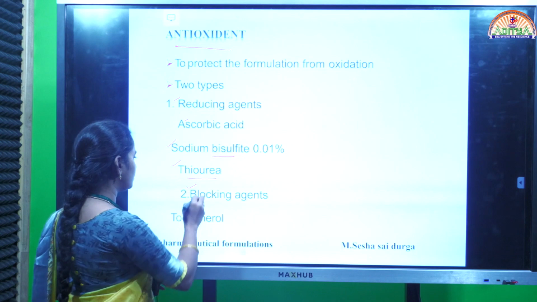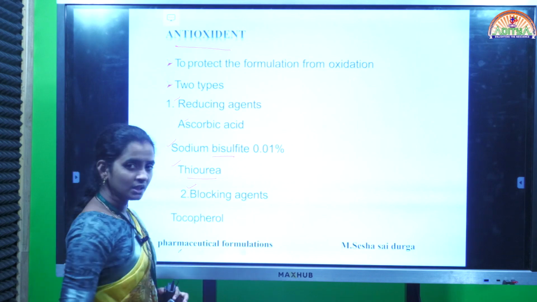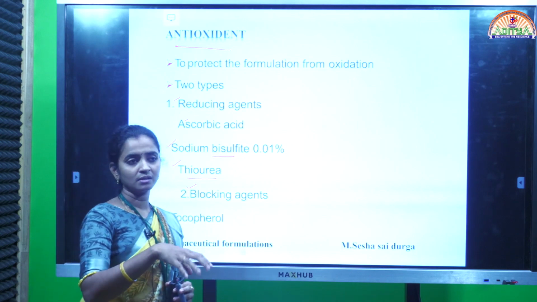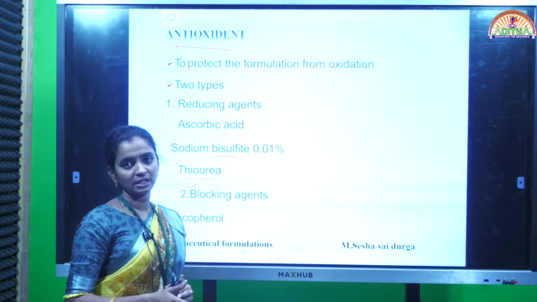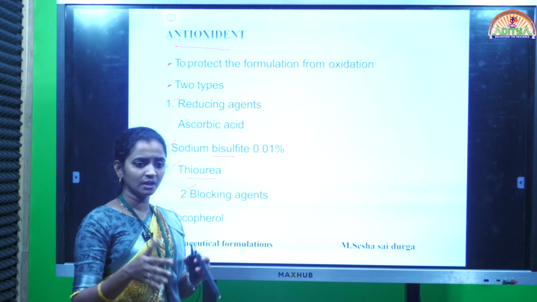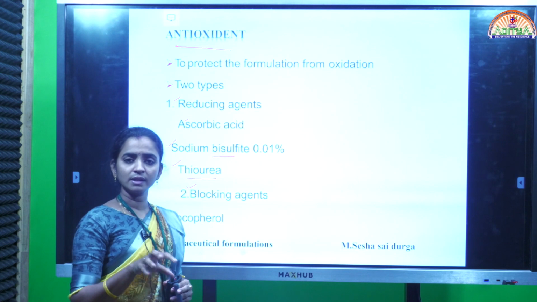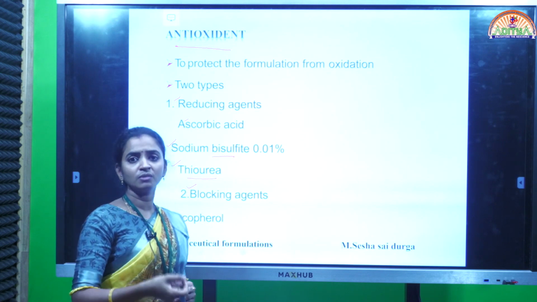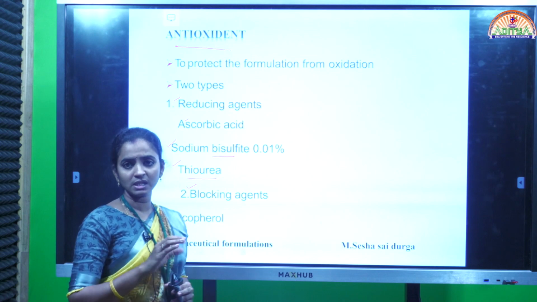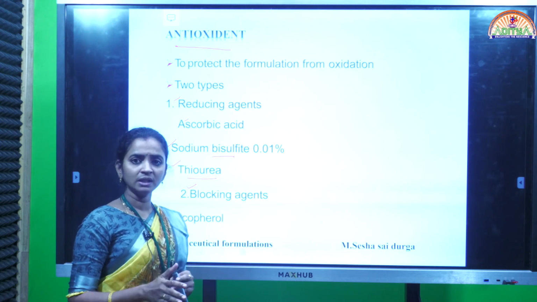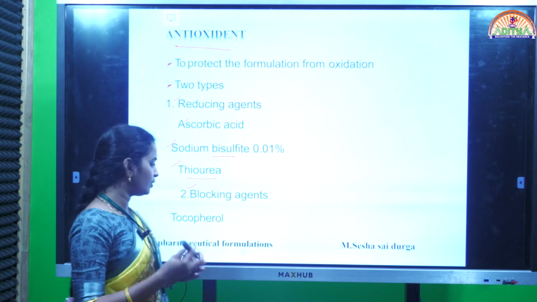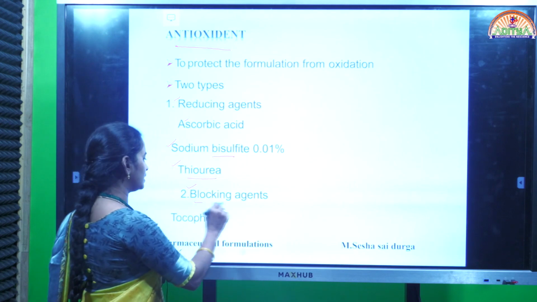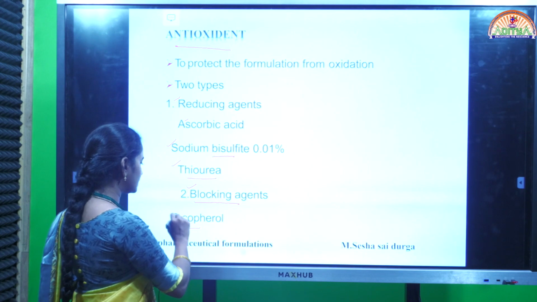The next one is blocking agents. Blocking means it occupies the space where there is a chance of oxidation. Sometimes in the chemical structure we can see some sites where molecular oxygen may come and occupy, and oxidation will occur. To avoid that occupancy of the oxygen molecule at a particular site, we use blocking agents, for example tocopherol.